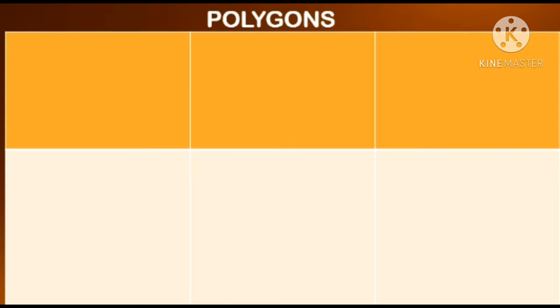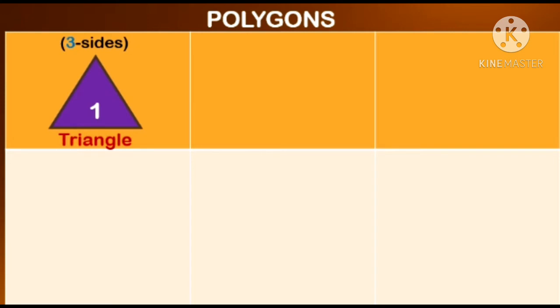Based on the number of sides and angles, polygons are classified into different types, which we are going to discuss now. First, what do we call a three-sided closed shape? Yes, triangle. That we all know, right? Then, what is a four-sided closed shape?